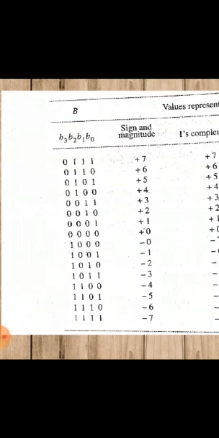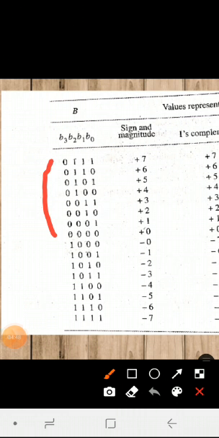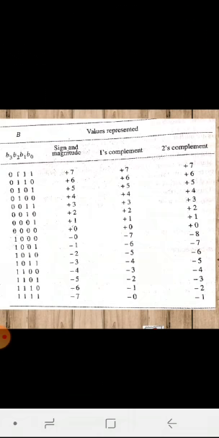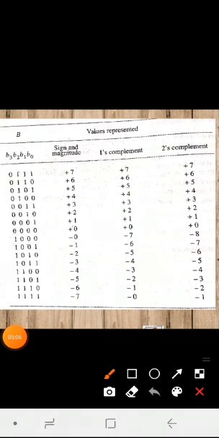The combinations are clearly defined, but for better understanding we have separated them so that the upper part has the numbers carrying MSB as 0, and the lower numbers have the combinations where MSB is 1. In all three representations, sign and magnitude, 1's complement and 2's complement, the representation for positive numbers is the same.